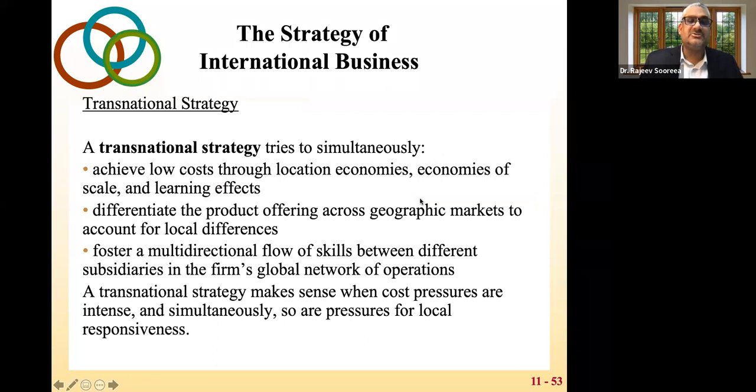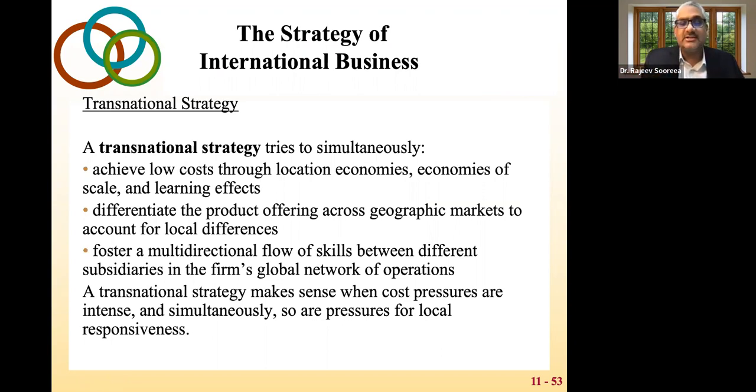So a transnational strategy tries to achieve low costs through location economies, economies of scale and learning effects, and also differentiate the product across different geographic markets to account for local differences, right? And foster a multi-directional flow of skills between different subsidiaries in the firm's global network of operations. So you want to allow skills to flow.